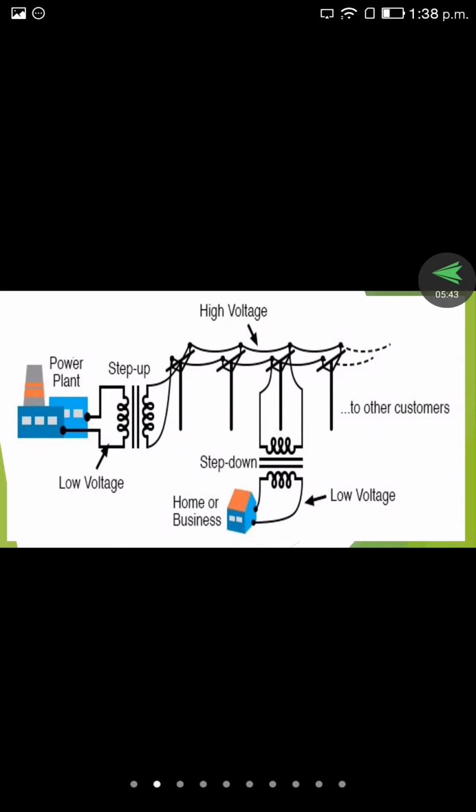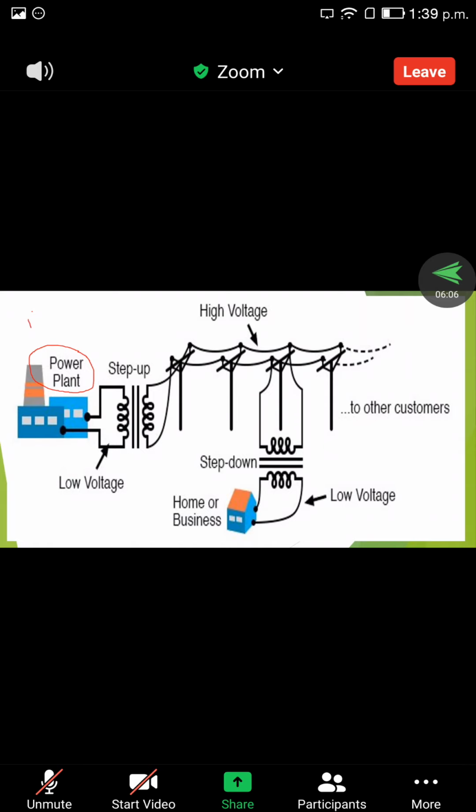So the first part is generation. Generation we call power plants. In power plants, the power is generated by means of alternators or DC generators. There are two types of power plants. One is... 90% AC.